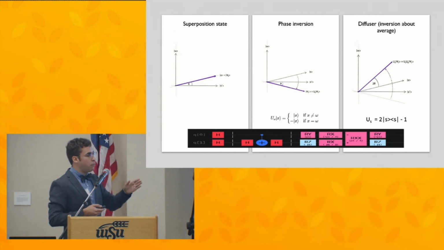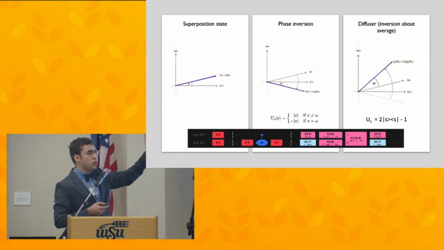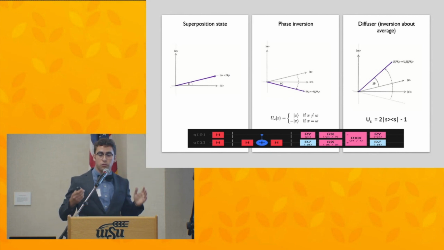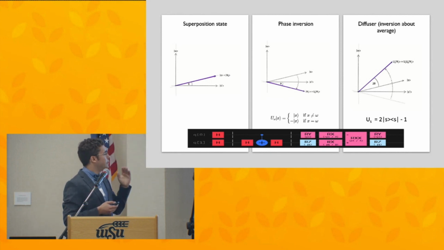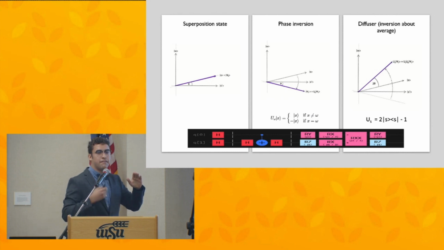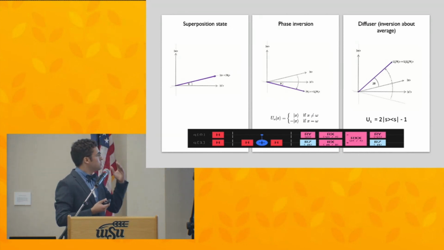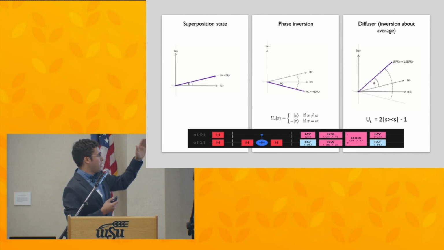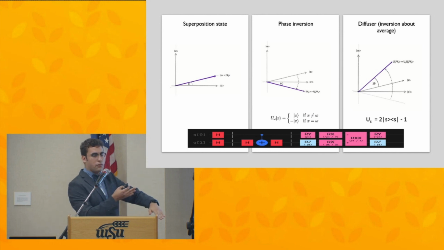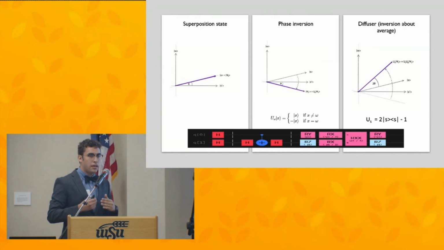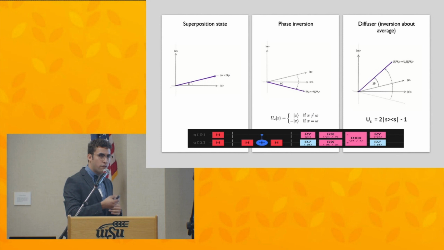So then at this point comes the diffuser portion, which is the focus of this project. This diffuser does an inversion about the average. What this means is that, okay, you were in a negative phase really low. So once you use your diffuser, it flips it back up, but at the same time, it amplifies the amplitude of your winner state.